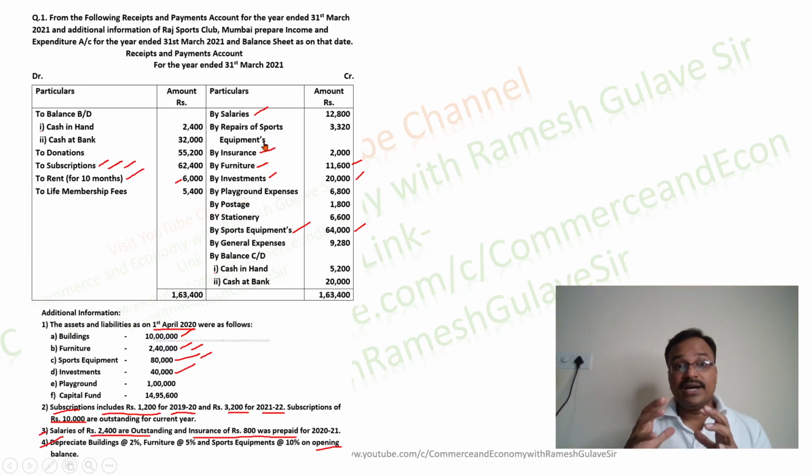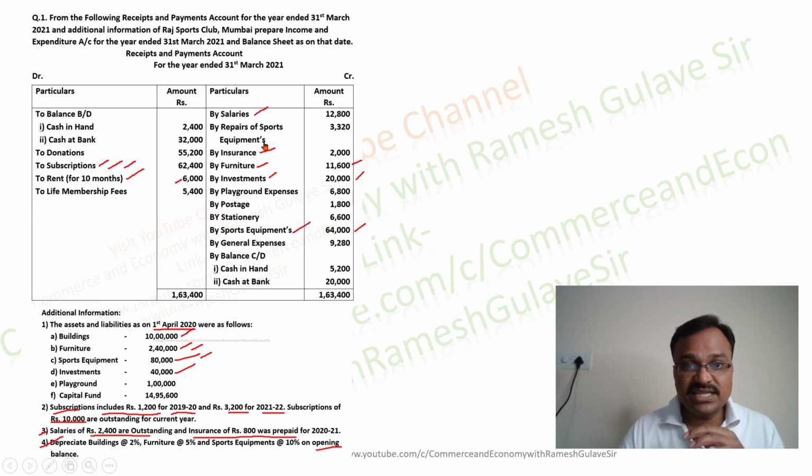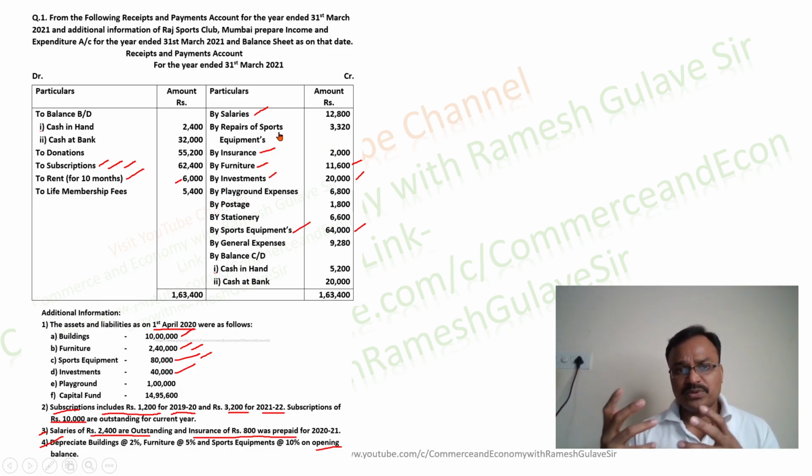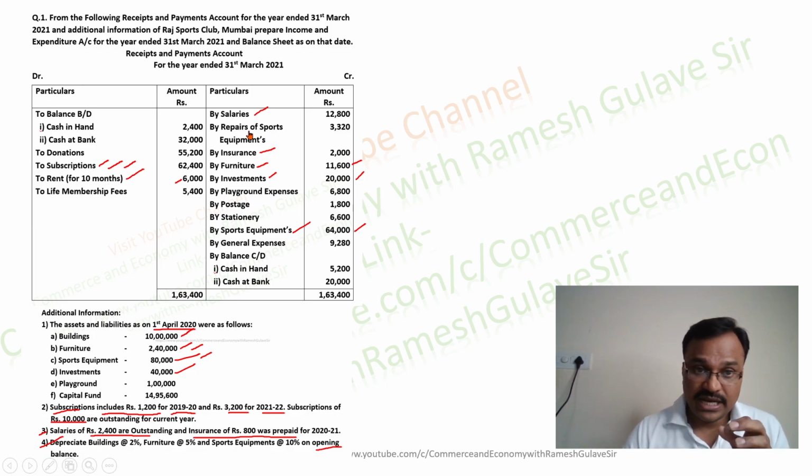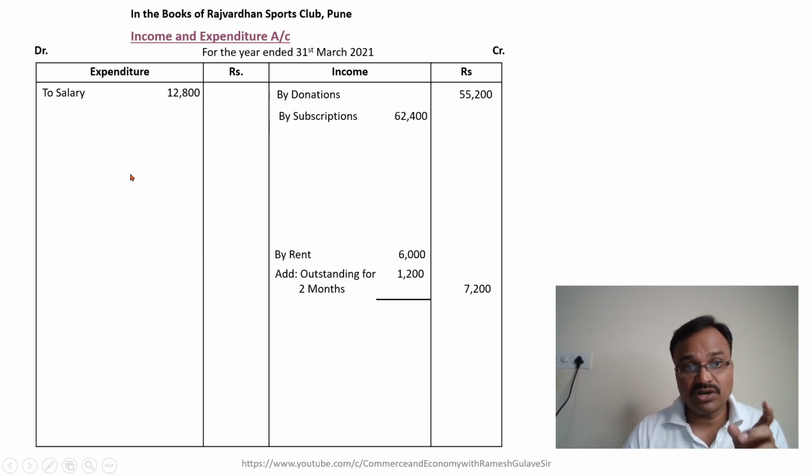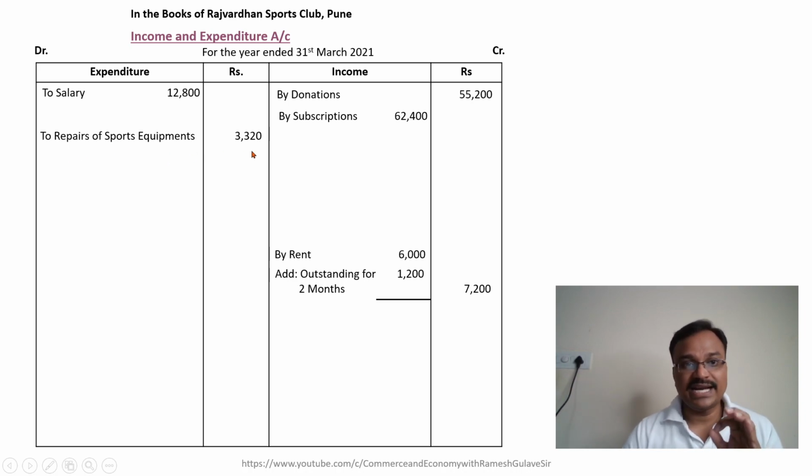The next point is repairs of sports equipment 3,320. See friends, repairs of sports equipment, repairs and maintenance of machinery, all these are basically revenue expenditure because they are recurring in nature. So we have to record those expenditures on the debit side of the income and expenditure account. So here, to repairs of sports equipment 3,320.